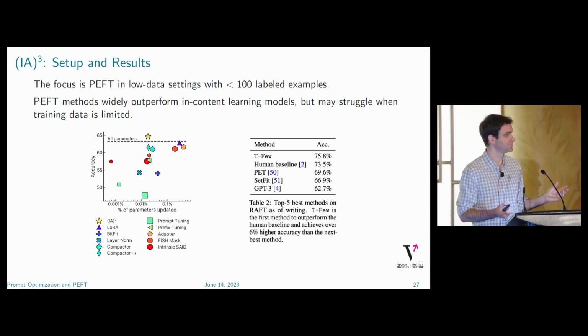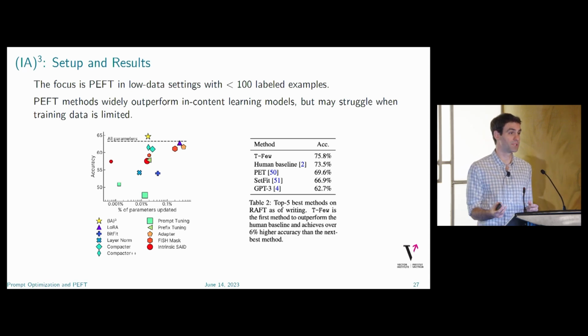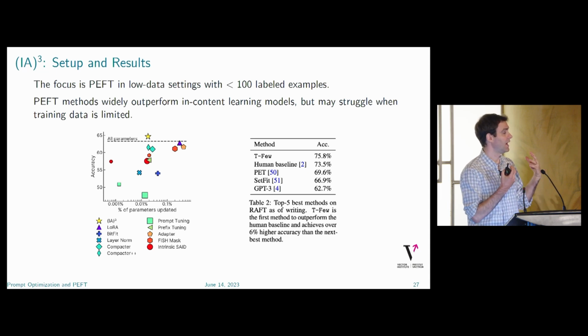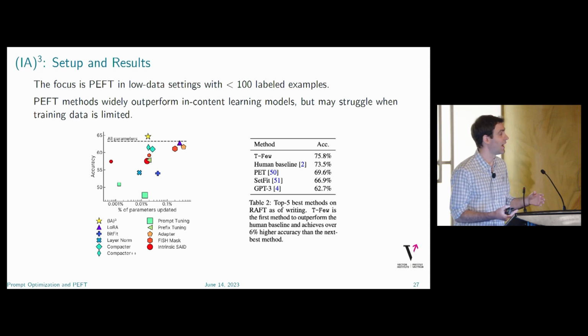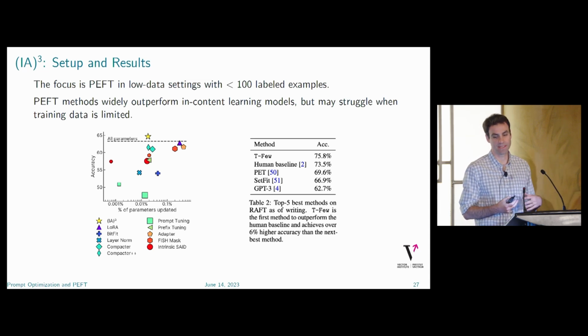There are also some really impressive results on RAFT, which is a low data set with 15 different tasks where you only have 50 examples to train on, and they're all various different tasks in NLP that are specific to applied and downstream use cases. You can see here in this low data regime, these are the top 5 performing models as of the writing of IA3, if you call a human baseline a model, on the RAFT data set itself.